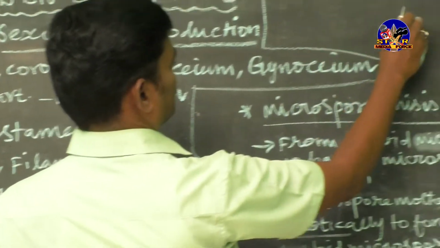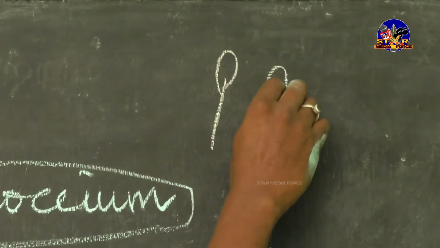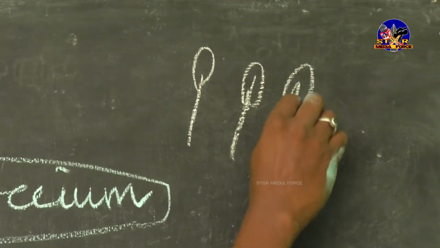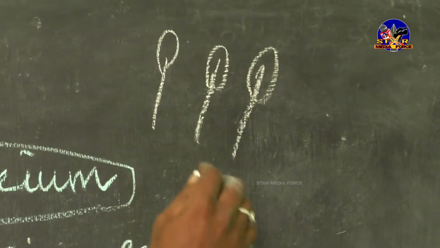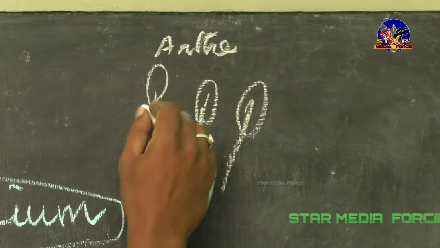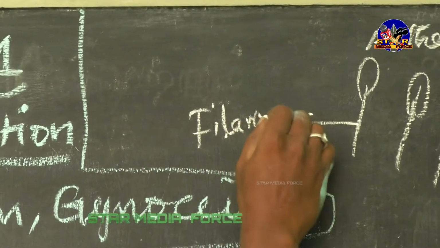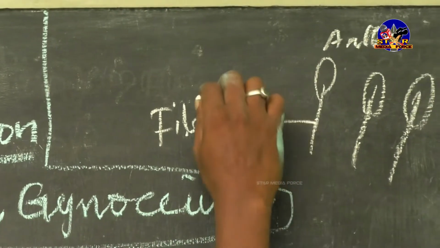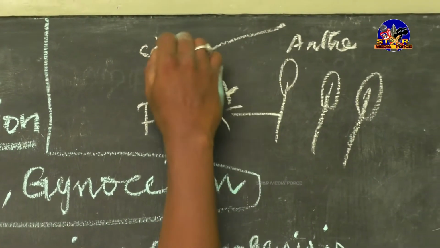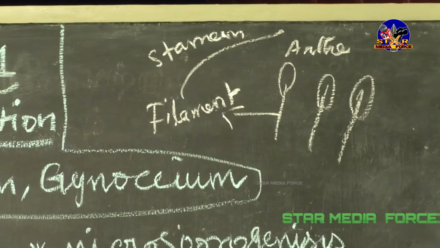This is the androecium. Here is the anther. This is the filament. These two things are called a stamen.